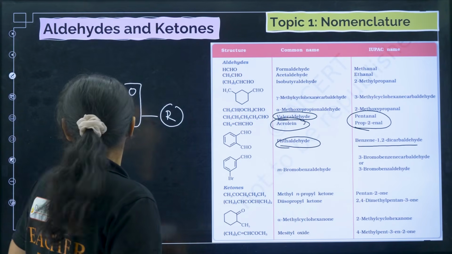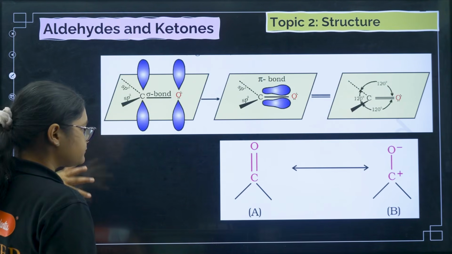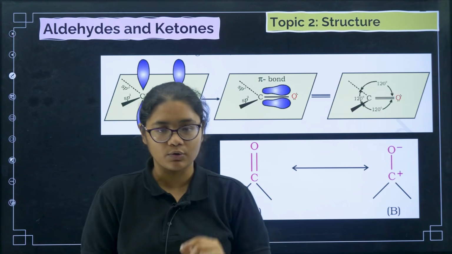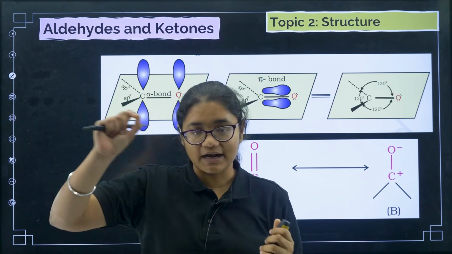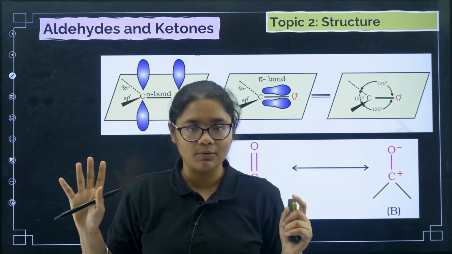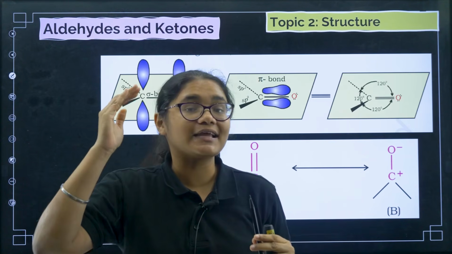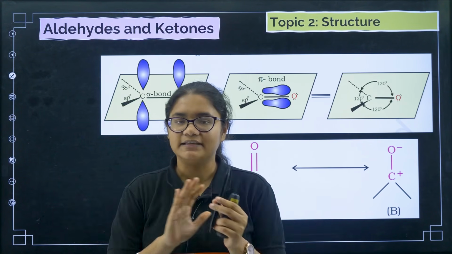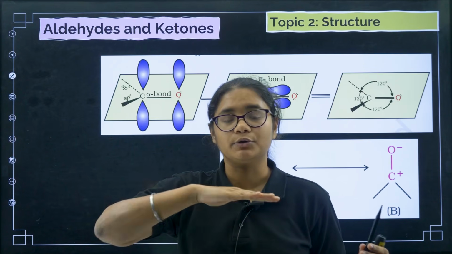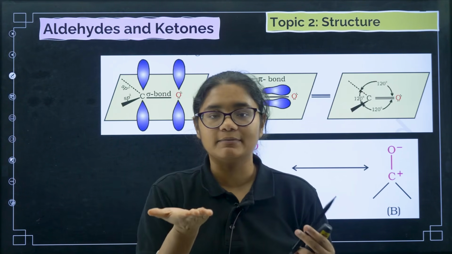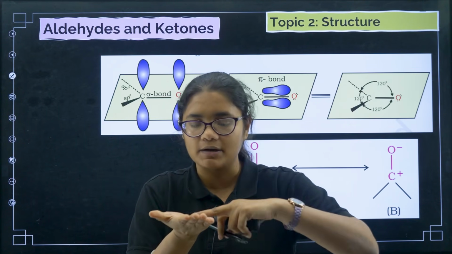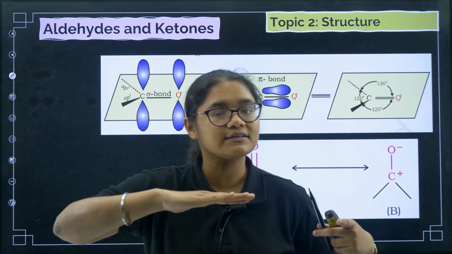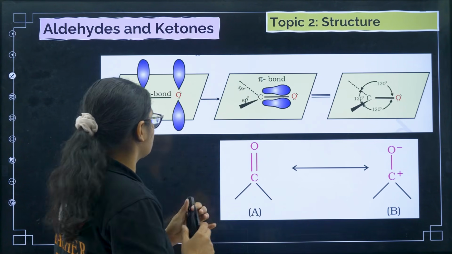Fine. Next, moving towards the structure of carbonyl compounds. The carbon which contains the oxygen has a double bond, so that carbon is sp2 hybridized. And remember always, whenever there is sp2 hybridization, the molecule is planar. Planar means the carbon, the oxygen and the two other valencies of the carbon are in the same plane, as you can see here.